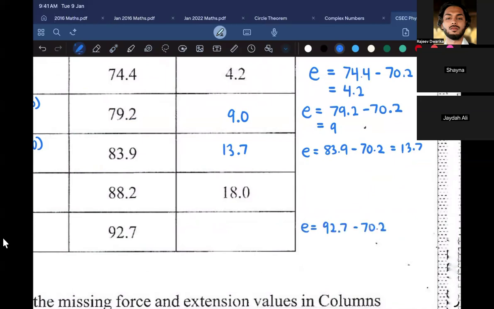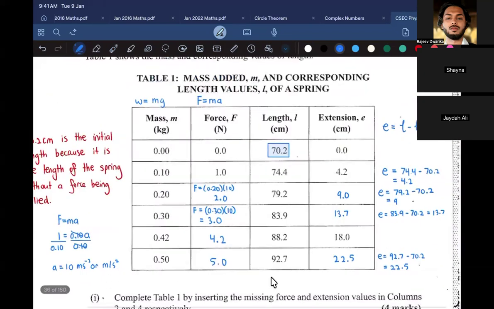What would you get? 22.5, right? Was it hard to fill out the table? No, sir.